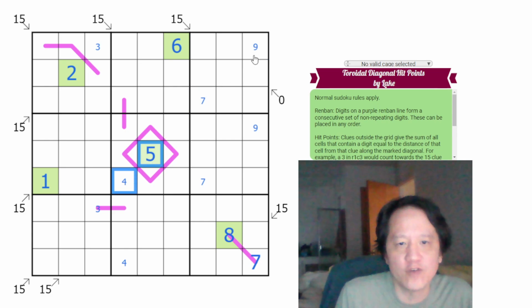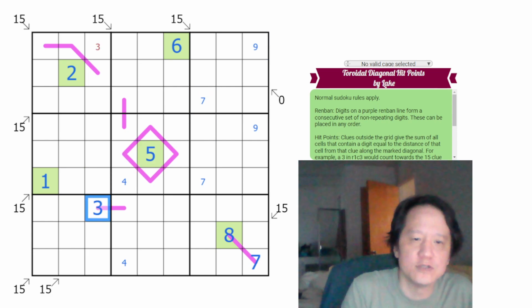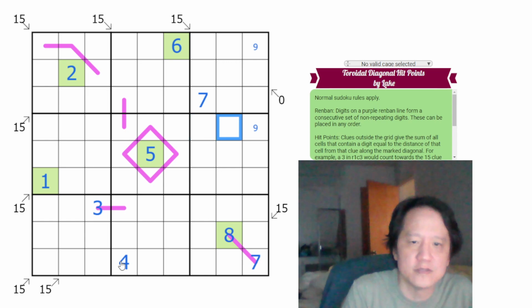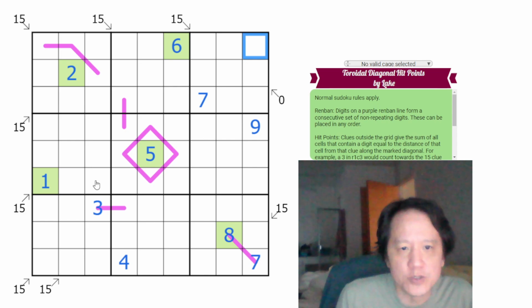It can't be 4, 5, and 9. This is at most 3. This has to be 3 and 7. So this is 3. This is 7. Therefore, on the diagonal, that can't be 4. This can't be 3. So this is 4, and this is 9. Right?